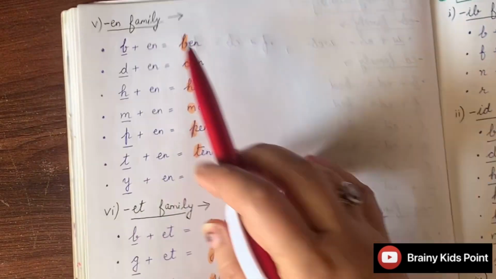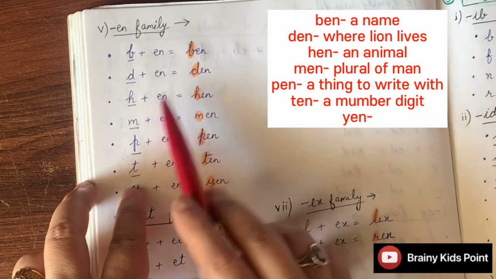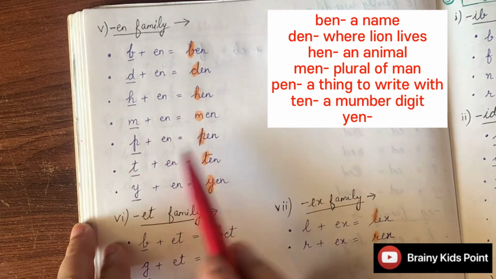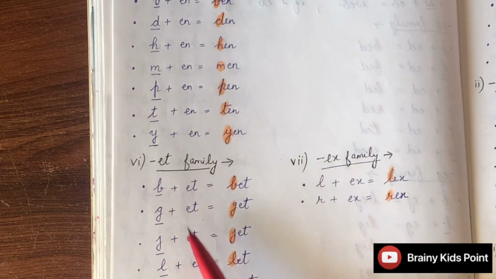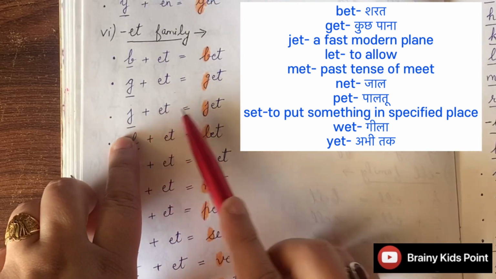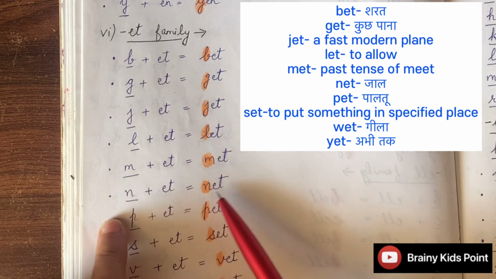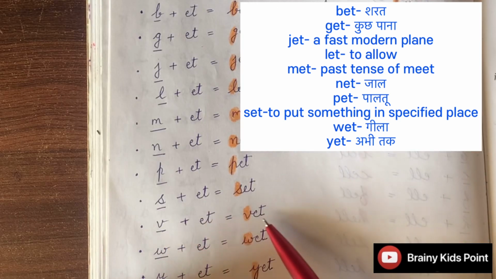Next, N family. E and N. B and ben, d and den, h and hen, m and men, p and pen, t and ten, y and yen. Next, at family. B at bet, g at get, j at jet, l at let, m at met, n at net, p at pet, s at set, v at vet.